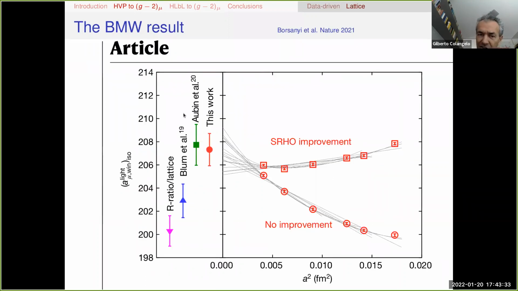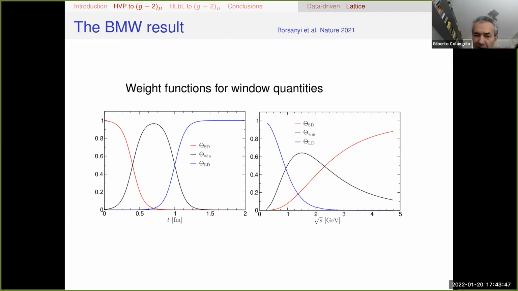And let me finally show this plot, which shows the so-called window quantity. Again, the continuum extrapolation for the window quantity. The window quantity is obtained by integrating in time, not with the weight function which has been calculated and which I showed you before, but splitting the integral in 3 pieces by multiplying the integrand by 3 different weight functions whose sum gives exactly 1.